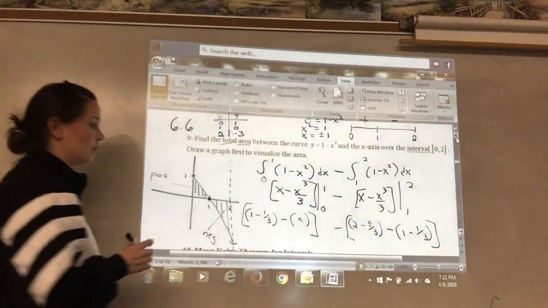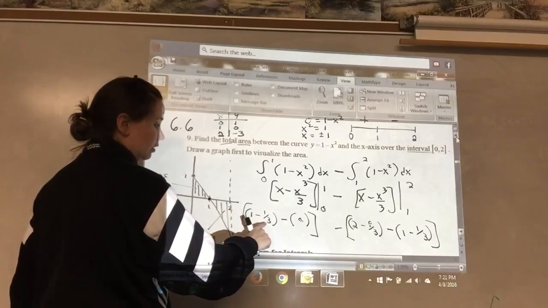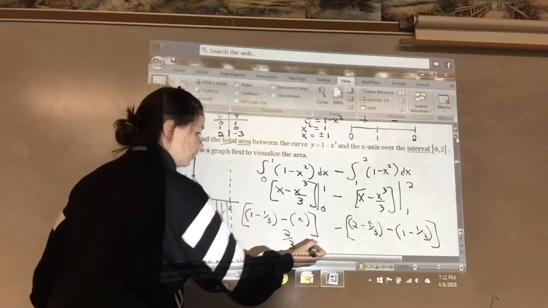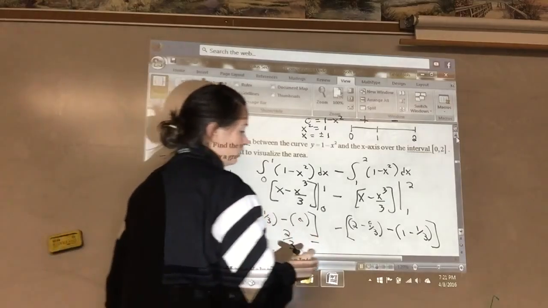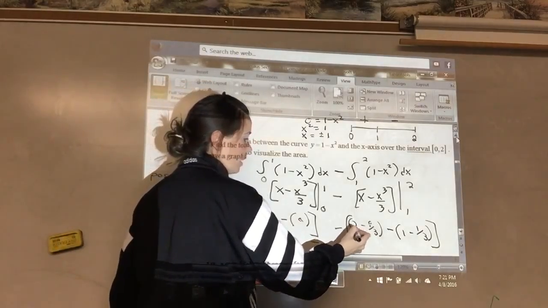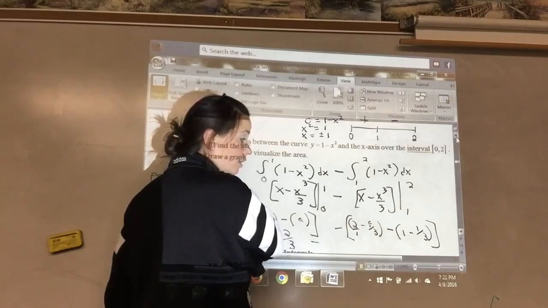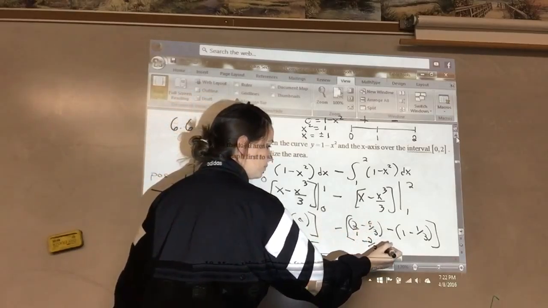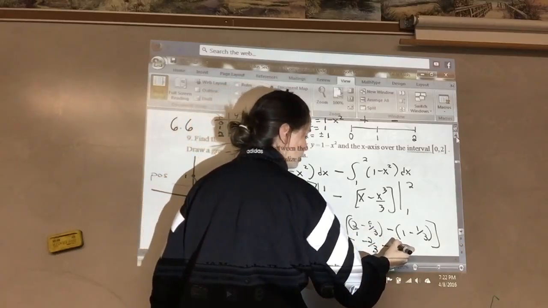Okay, and so in here, 1 minus 1/3 is 2/3. Okay, and here let's take our time. So if I'm going to make this a common denominator, let's see, 3, so 6, that's going to be negative 2/3 minus 2/3.